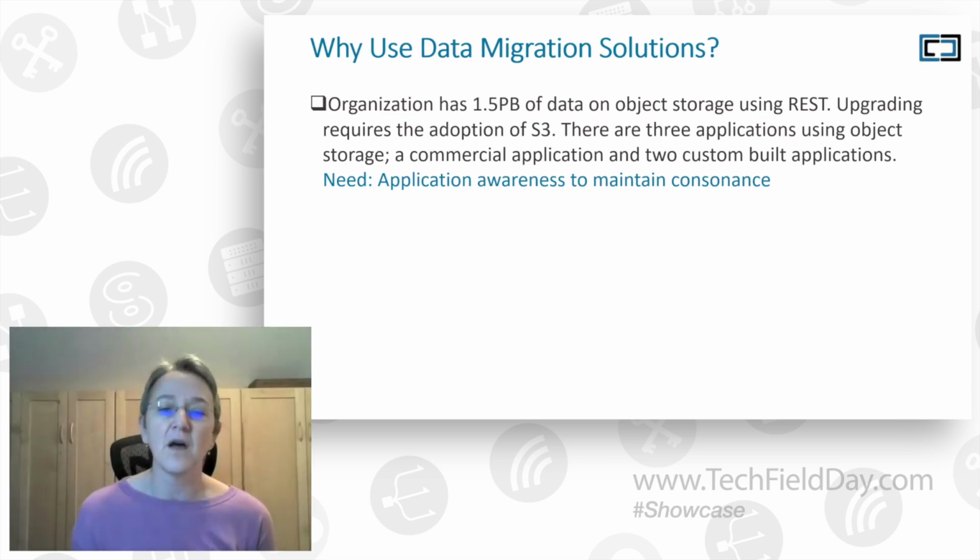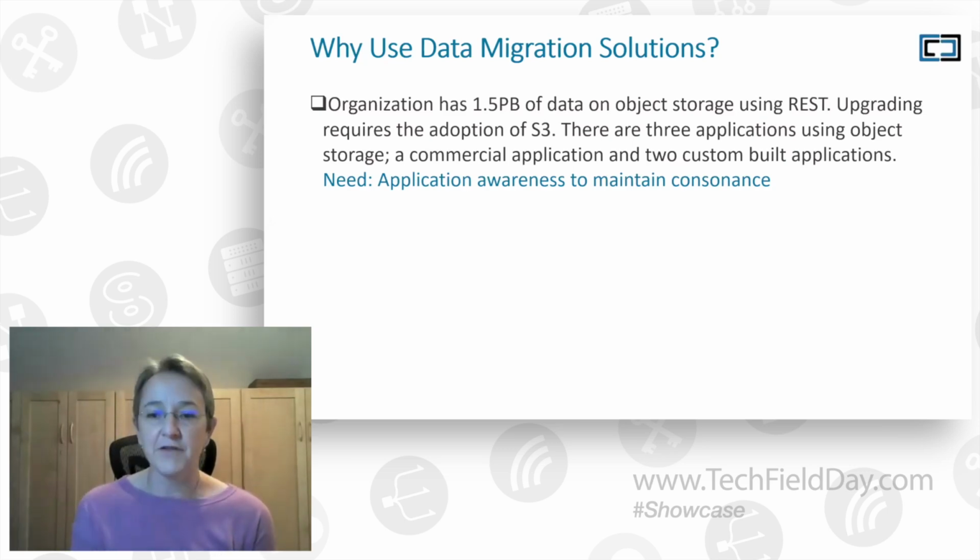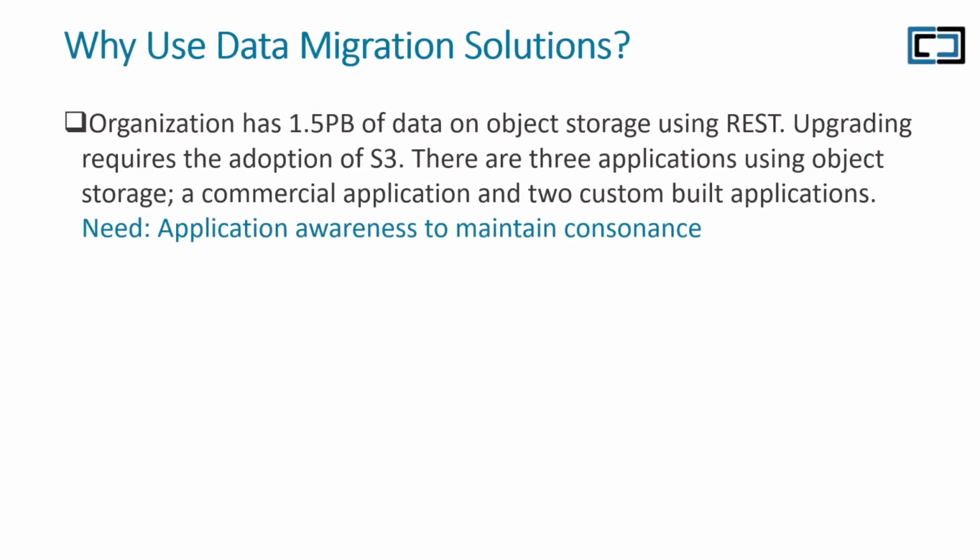So let's assume you have an organization with 1.5 petabytes, and it doesn't have to be in petabyte scale, it can be smaller. And they have, let's say, 3 applications. One is a commercial application, sort of off the shelf, something you can buy, whether it's an email archiving application or a video recording application, but it can also be a custom application developed in-house.